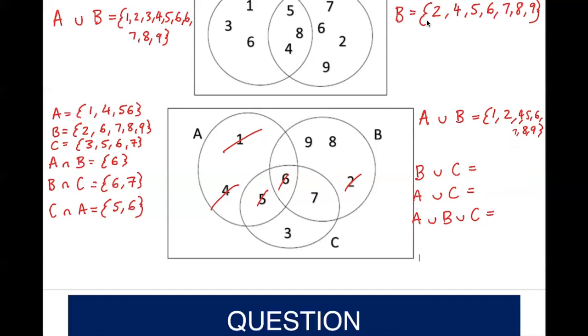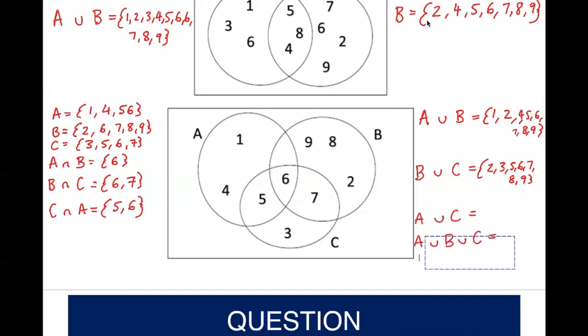Next one, B union C. So now rub off the ones that we've done. Now we're looking for anything that's in B and anything that's in C. So we've got 2, 3, 5, 6, 7, 8, and 9. Hopefully you've got slightly better planning and you're not running out of space like I am.